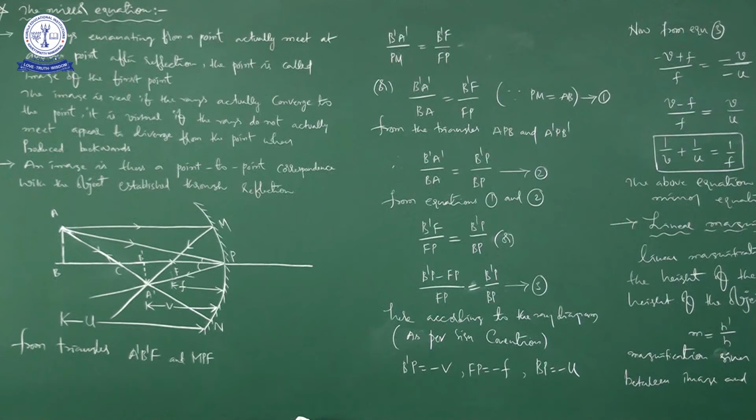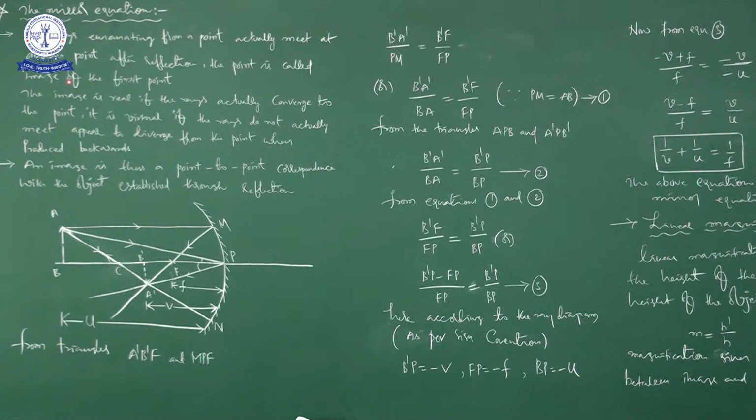Okay, right. So in this class, the mirror equation. In our last class itself, we discussed that radius of curvature is equal to 2 into focal length.